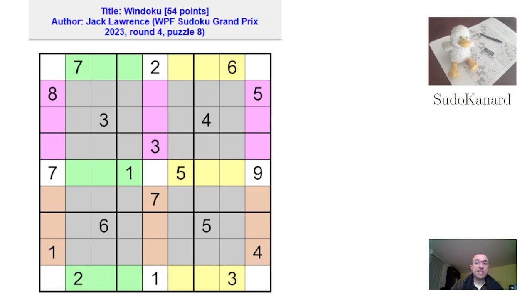And what remains is the 9 unshaded cells, which make another extra region containing all digits exactly once.